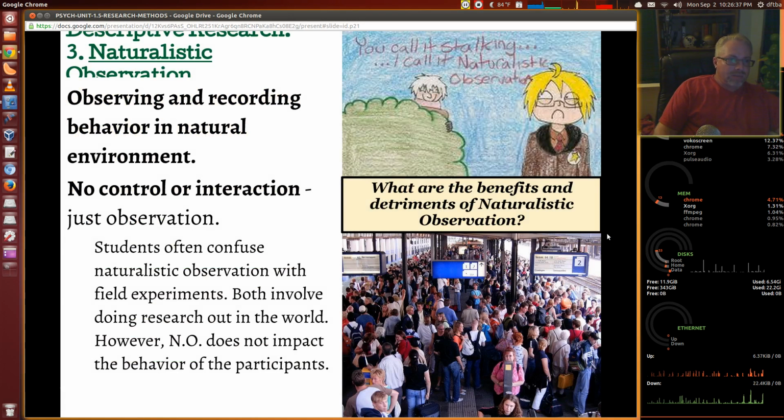So let's look at descriptive research, the naturalistic observation. So basically, how does this work? You're observing and recording behavior in a natural environment. No control or interaction, just observation. So what are the benefits, do you think, of watching, say in this case, it's a train station, and you're going to observe behavior.